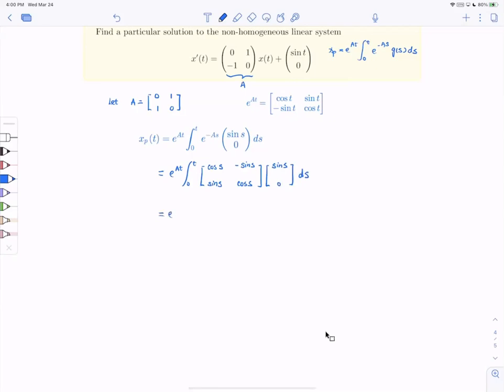So that's going to be cosine s sine s, and then sine s squared, ds.